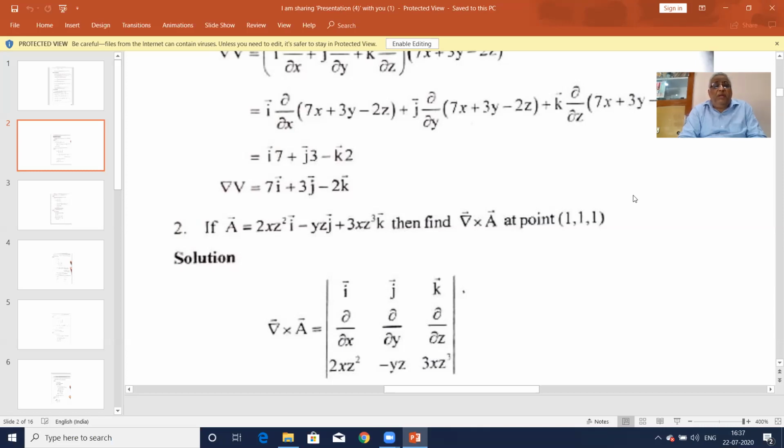In the present problem, the x component is 2xz squared, the y component is minus yz, and the z component is 3xz cubed.